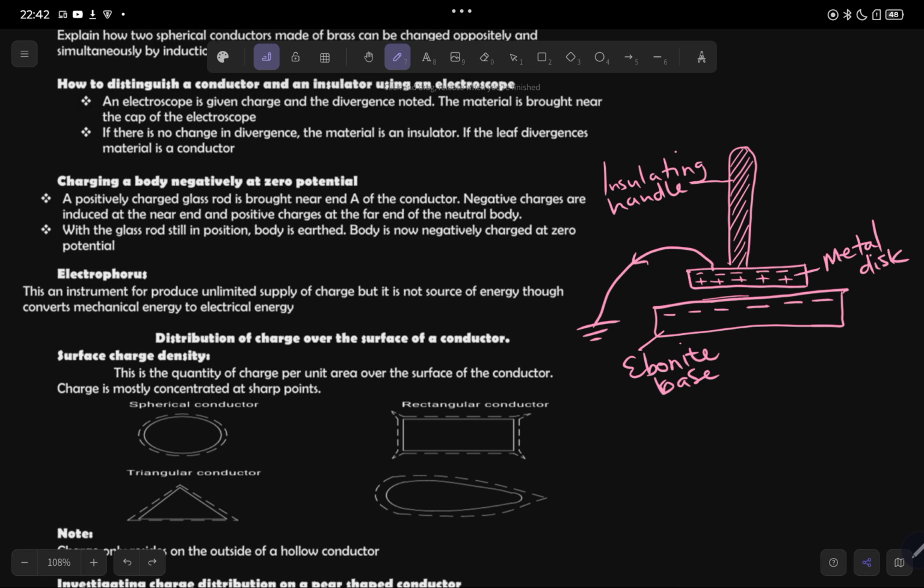If you look at one which is triangular shaped, we discover that we shall be having more charges on the sharp edges than on the flat surfaces. The same thing applies to the rectangular conductor. Then the pear-shaped conductor also has more charge density at the sharp point compared to the points which are less curved.